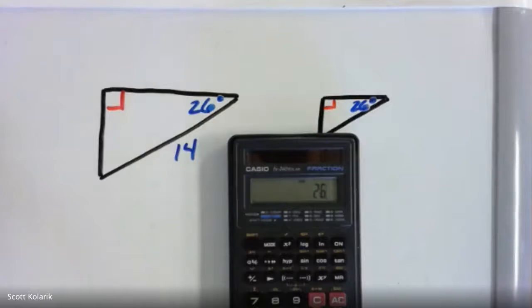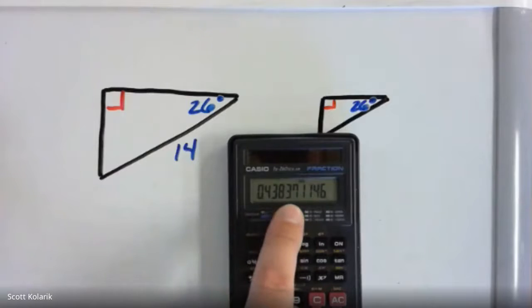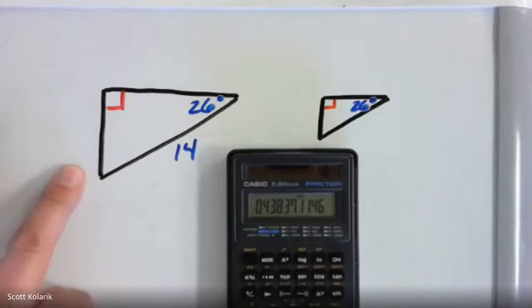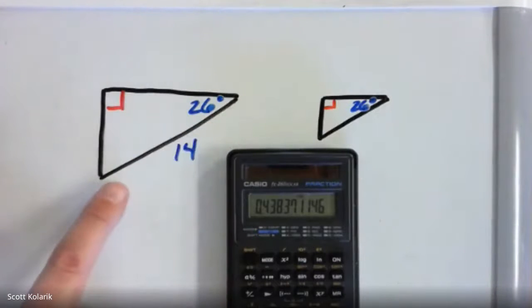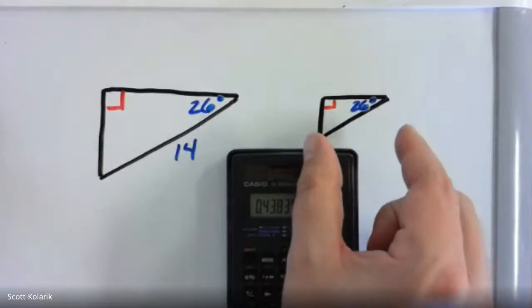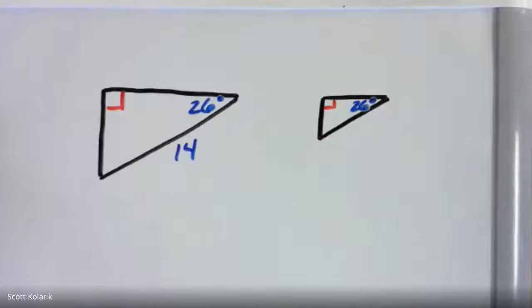So if I put in 26 degrees and then take the sine of it, this gross looking decimal, 0.438, basically tells me the scale factor that compares this side length to this side length, regardless of the actual size of the triangle, whether it's microscopically small or much larger, like a global scale or something like that. But again, that's just what a trig ratio is.